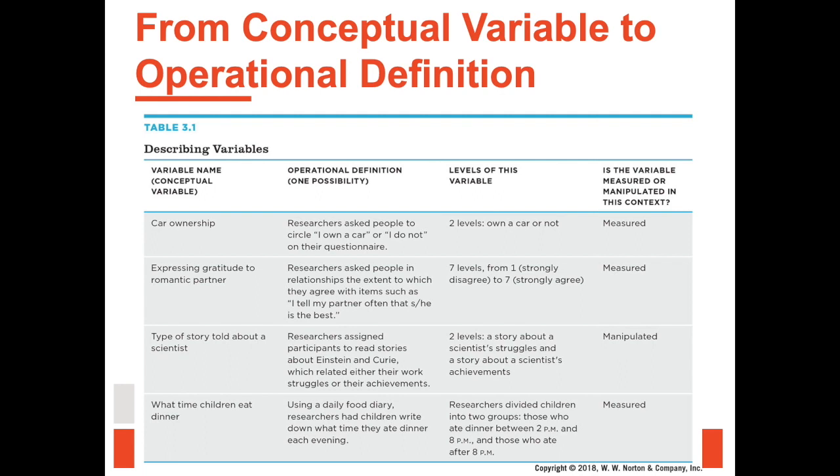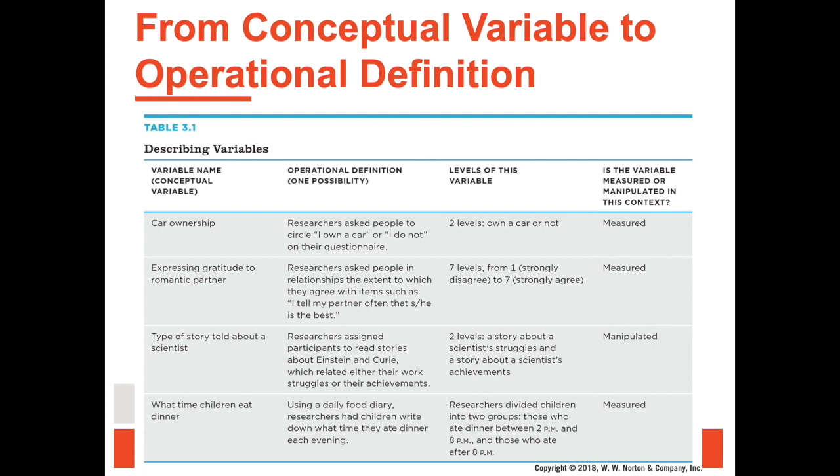Another one, this one is the manipulated example on the slide. So type of story told about a scientist. In this one, researchers assign participants to read stories about Einstein and Curie, which related either their work struggles or their achievements.